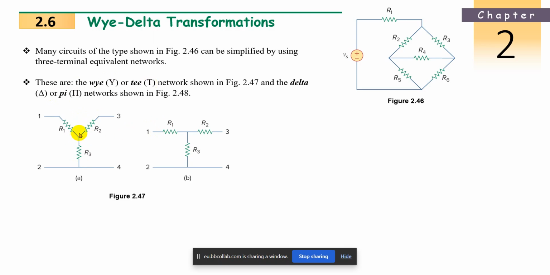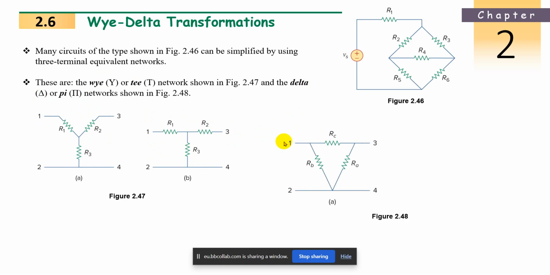Just stretch this 1 and 2 until R1 and R2 are straight, and R3 is on the vertical side, like this. Stretch this one, with R1 and R2 on the horizontal side, and it becomes a T network. So the same network can be named Y or T network. Both are the same.